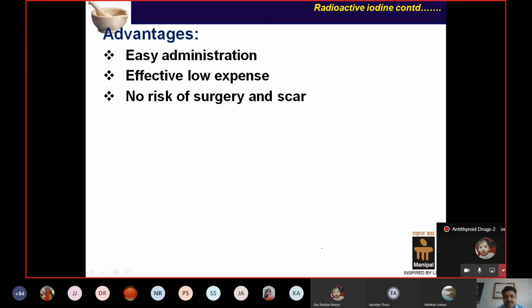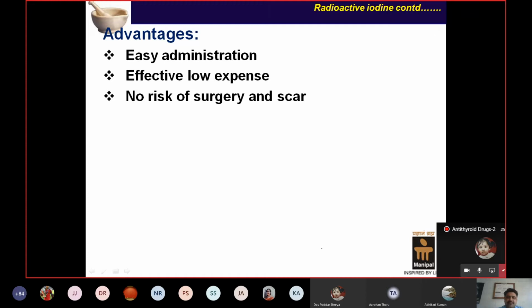Now the advantages of this radioactive iodine: it is easy to administer, given orally, effective and low expense. Low expense in the sense that if you compare with surgery, here it is taken orally, no need for admission and other things. And no risk of surgery or scar. After surgery there might be a visible scar, so that won't be there.